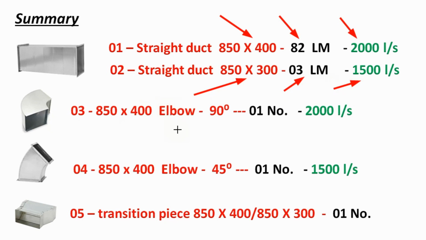We have one 90-degree elbow, size 850 by 400 mm, with airflow also 2000 liter per second. Then we have one 45-degree elbow of the same size, and one transition piece from 850 by 400 to 850 by 300.